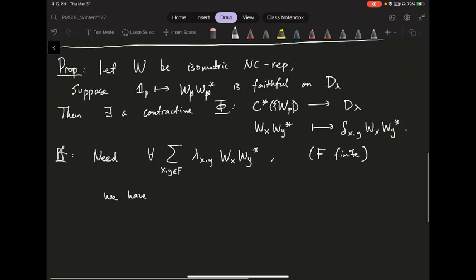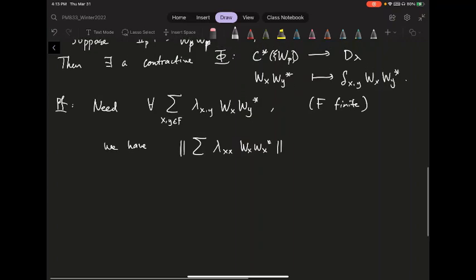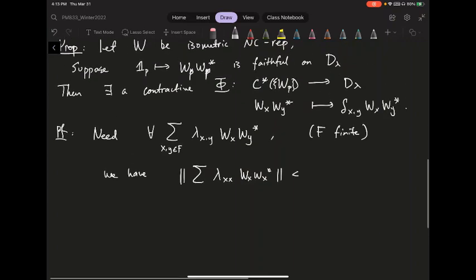So we need to prove the following. If I apply phi to this, essentially what I have is the summation of the lambda_xx W_x W_x star. To show phi is contractive, this is going to be less than or equal to the norm of the summation of everything, lambda_xy W_x W_y star. That's what we need.